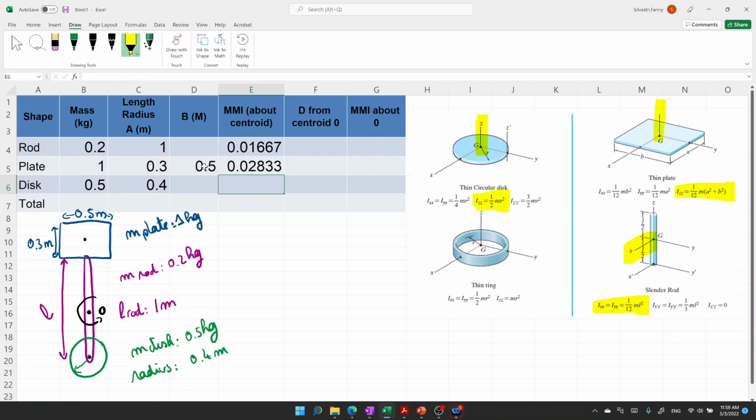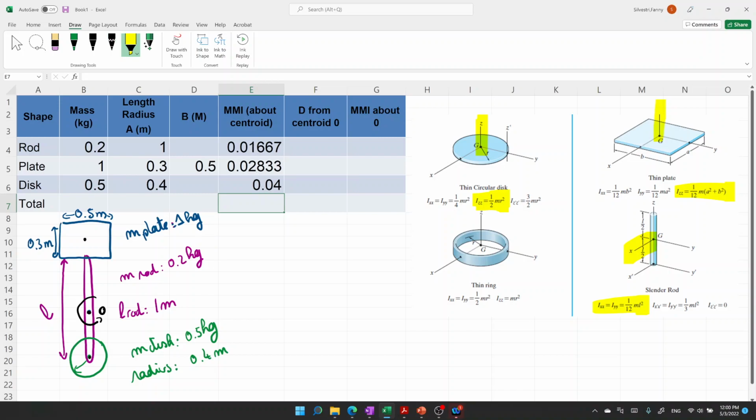Enter. That's my mass moment of inertia about the centroid of the plate. And the disk is 1/2 of m r squared, so it's equal to 1 divided by 2 times the mass of the disk times the radius square. So I have the mass moment of inertia of each of them.